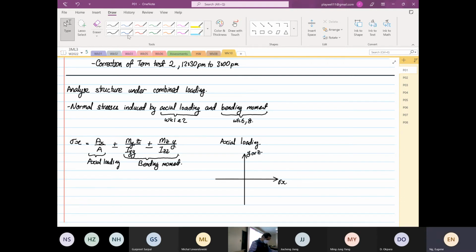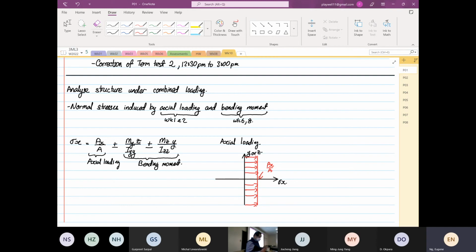Our stress distribution, just as an example, looks like this, and at this point it is equal to Px over A. So this is for axial loading.